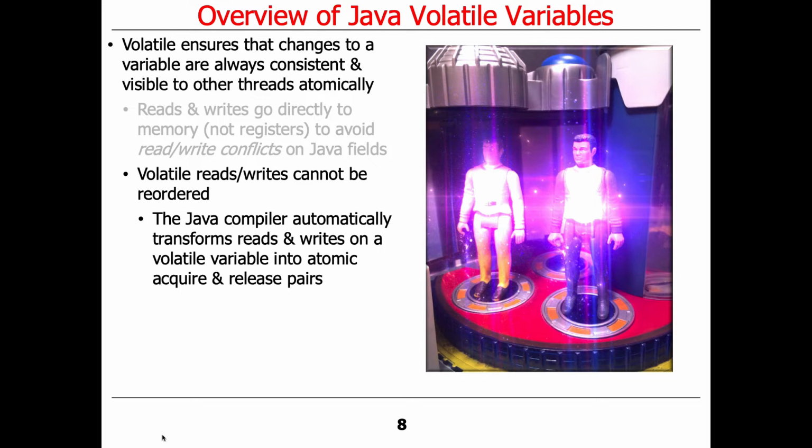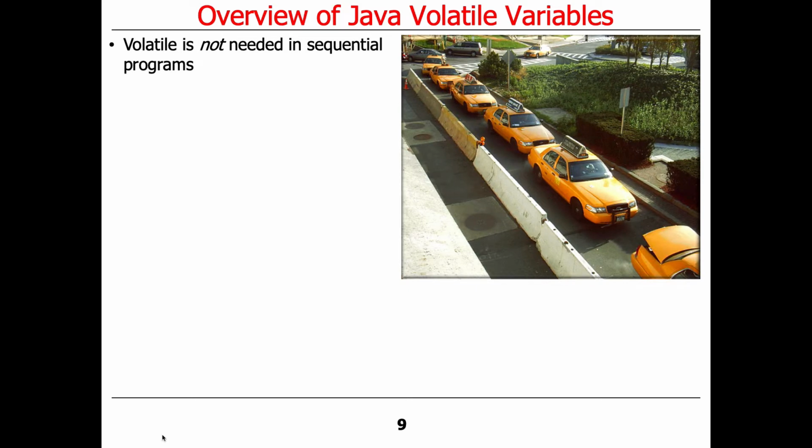So you'll end up basically with these atomic read and write or acquire and release pairs. It's as if you have sort of like a synchronized section for data access. That's sort of the way to think about what a volatile is. It's actually a very simple concept, but one that is surprisingly subtle to use correctly in practice.